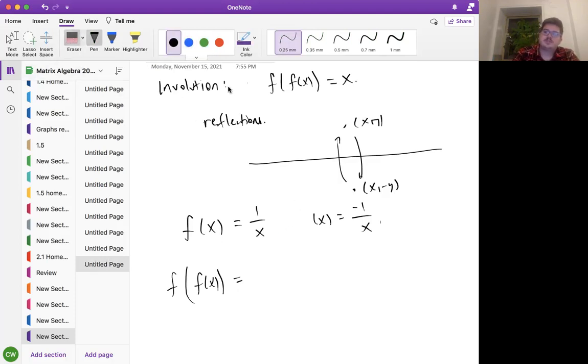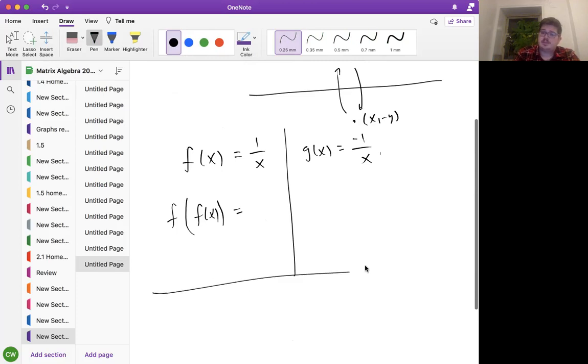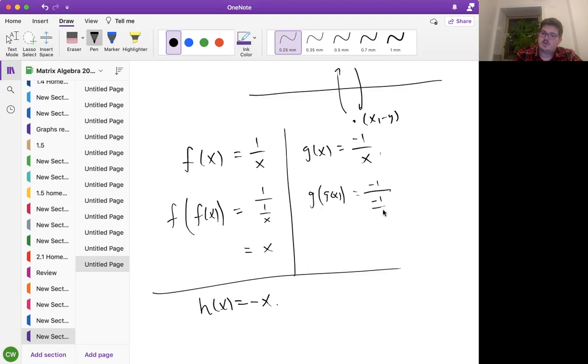They're both involutions. Oh, but multiplying by negative 1 is also an example of an involution. Yeah, so f of f of x is 1 over 1 over x, which is equal to what? x. So that's why it's an involution. g of x is negative 1 over x. The negatives cancel and you get x back.